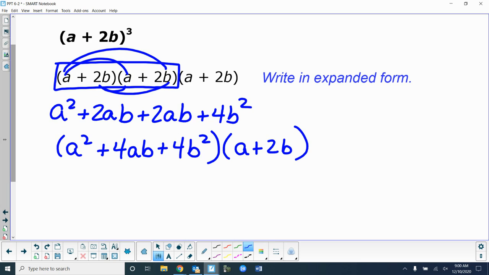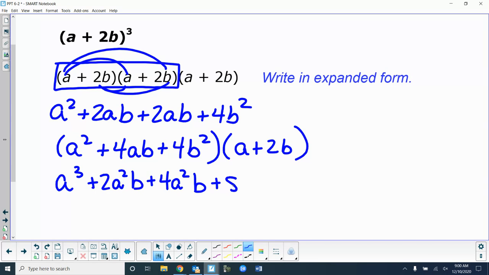All right? So that's a squared times a, and a squared times 2b, and then 4ab times a is 4a squared b, and 4ab times 2b is 8ab squared.